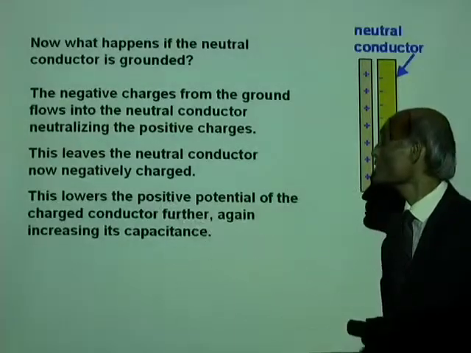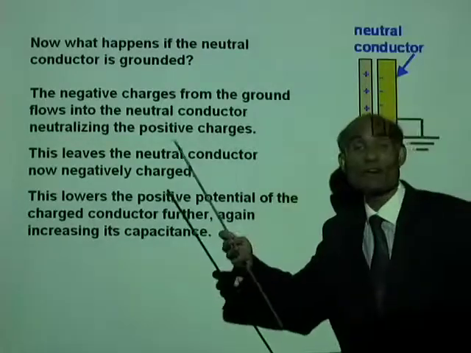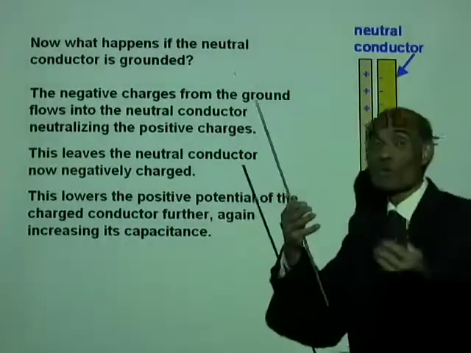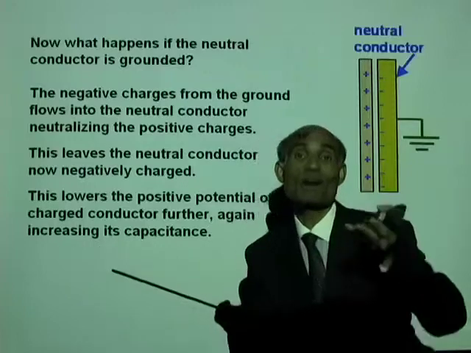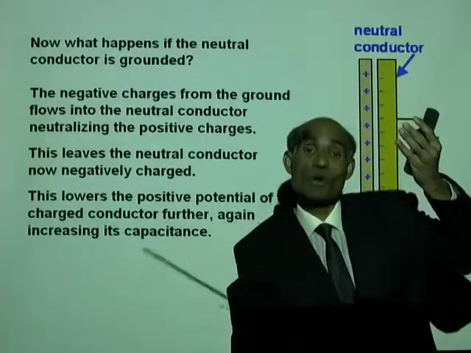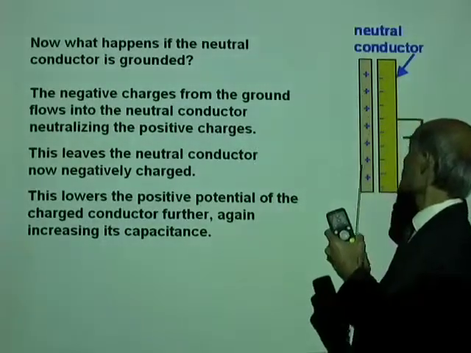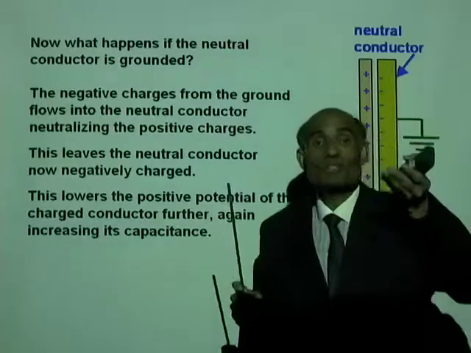Now, this lowers the positive potential of the charged conductor further. That means if you lower the potential, you are increasing the capacitance. You see that? Every time you lower the potential without changing the amount of charge on it, you are increasing the capacitance.